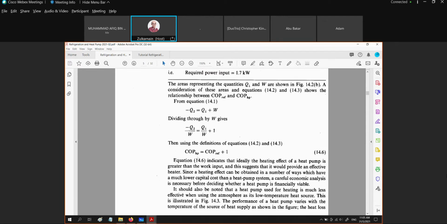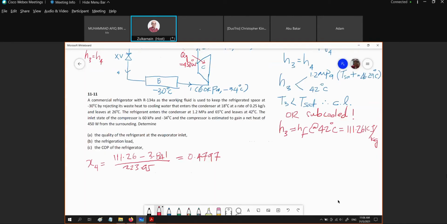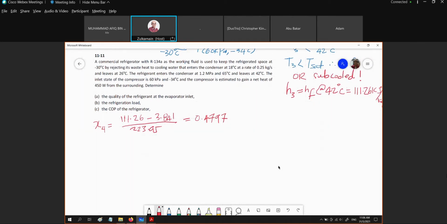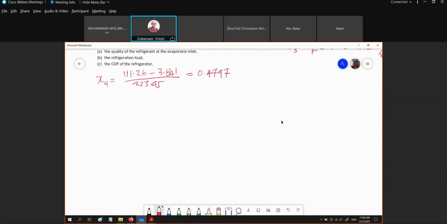This equation is basically to look at the relationship between the COP HP and the COP for the refrigerator. It can be written as COP HP is equal to COP ref plus 1. Maybe I can put something right here just for a reminder, just to prove it.